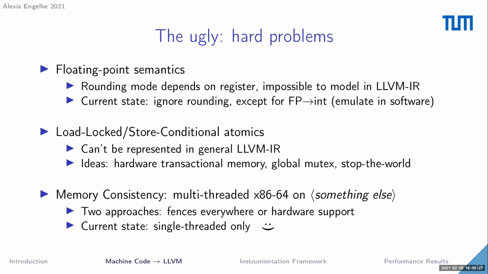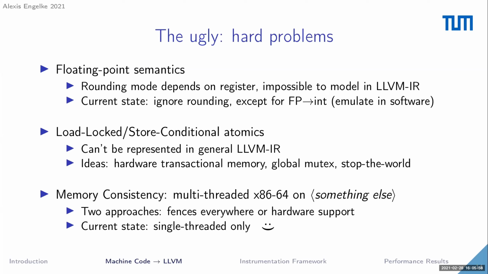If we want to run multi-threaded x86-64 on any other RISC architecture, we are faced with the problem that x86 has much stricter memory semantics than everything else. So an open problem is whether LLVM analysis can help here to reduce the number of fences you need to insert, or if you really need hardware support to run this fast. Hardware support is also the way this is implemented on the new ARM Macs.